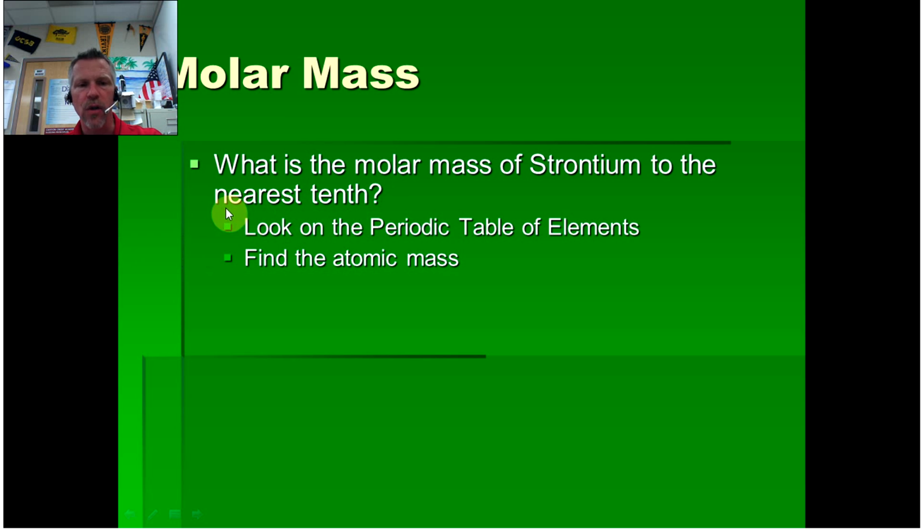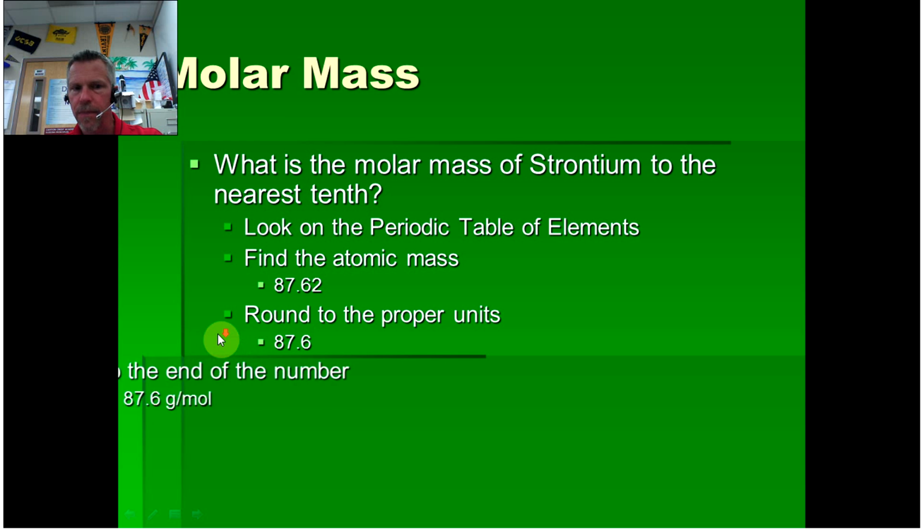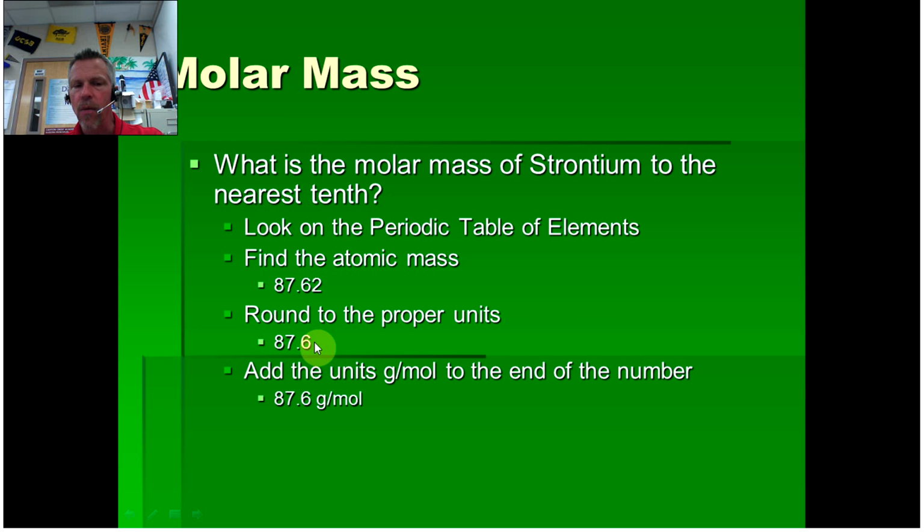Okay, so you look on the periodic table and you find strontium, and you look at the atomic mass. What is it? It should be 87.62. Of course, you're going to round that off to the nearest tenth, so you get 87.6. Now, since we're talking about the molar mass and not the atomic mass, the units are different. They're not AMUs like we've been talking about before. They are now grams per mole.